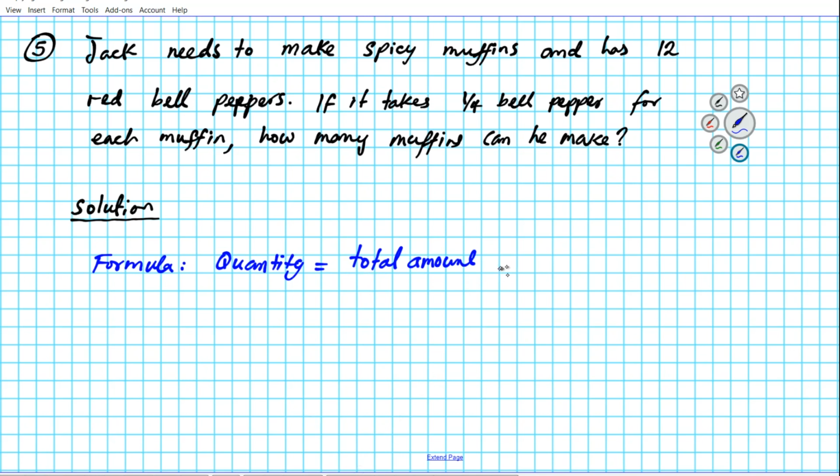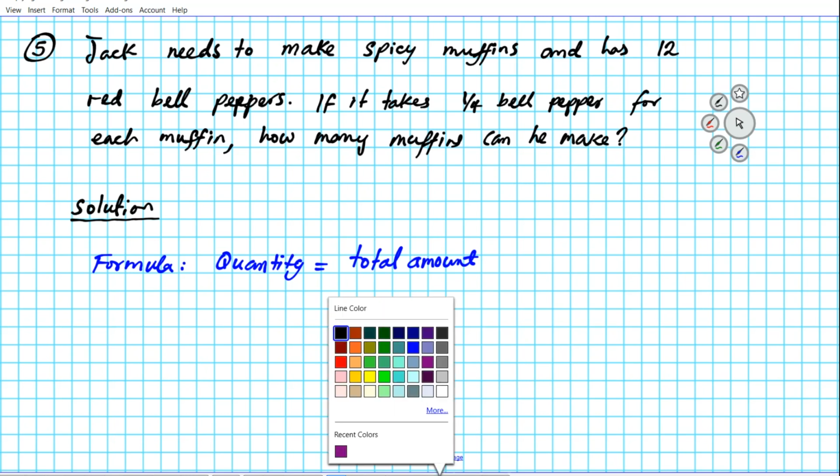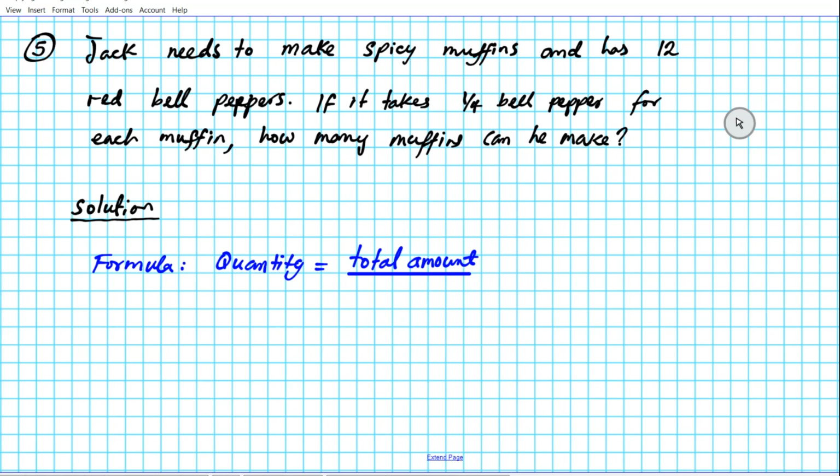Okay, total amount divided by unit amount. So let's adapt this formula to this particular scenario that we're dealing with.